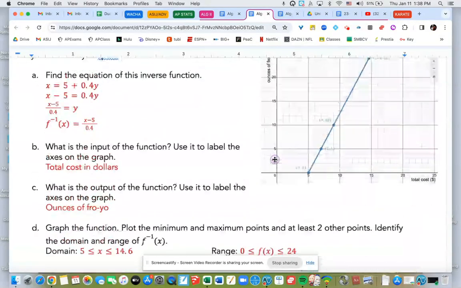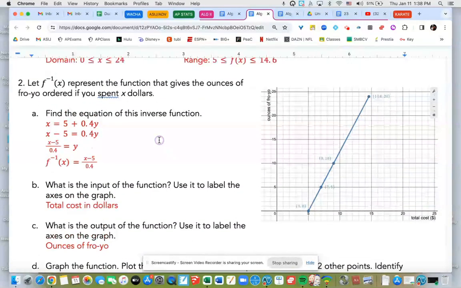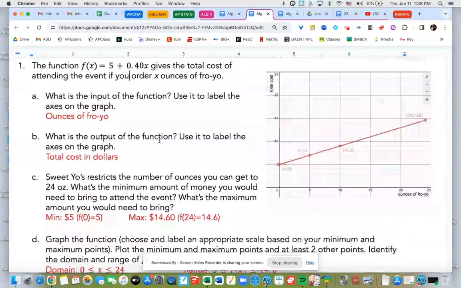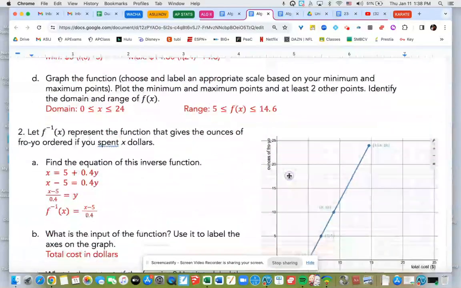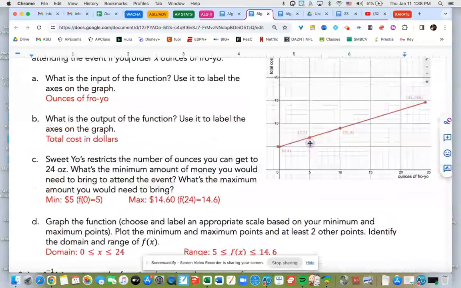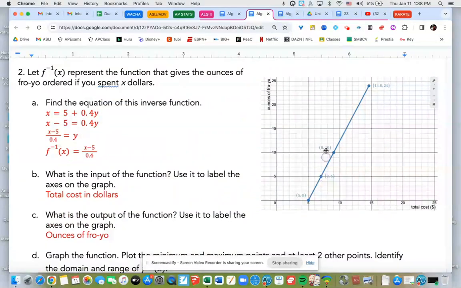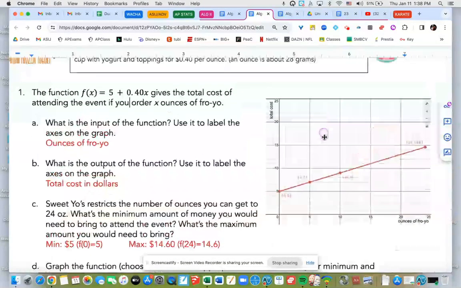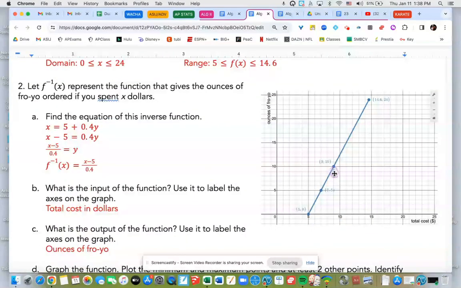You can do the same thing we did before and think about slope and stuff, but to be honest, it's almost easier to look at your original graph and just plot these points backwards. 0, 5 will graph to 5, 0. 5, 7 will plot to 7, 5, right? Etc., etc. 10, 9, you flip the x and the y and you get 9, 10. So you're just flipping the x and the y and plotting it out.